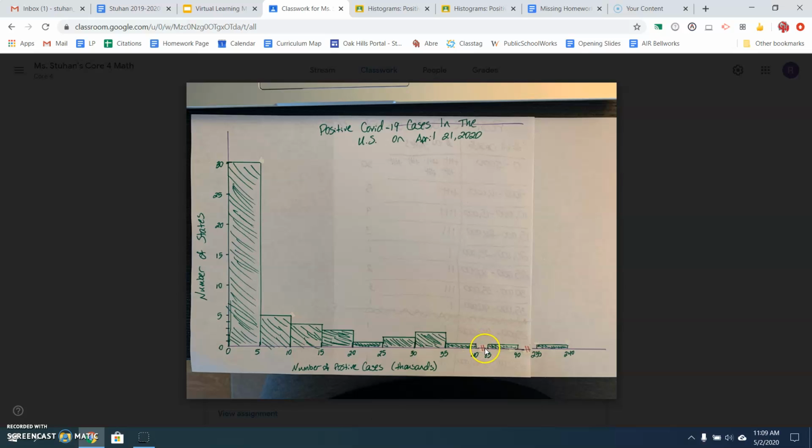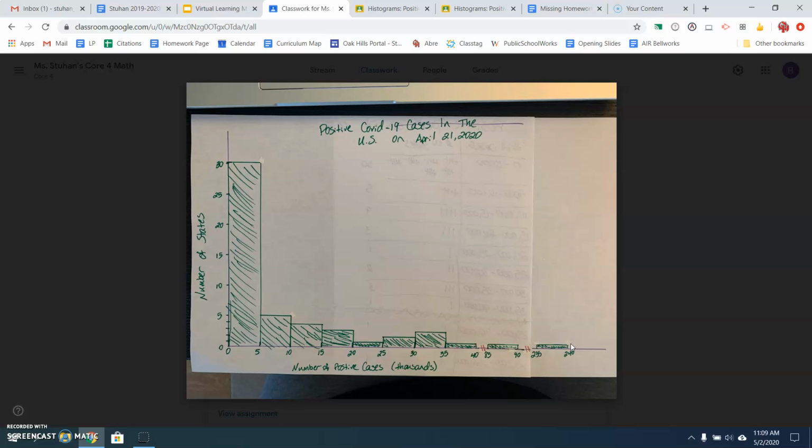So I put this little line here, and then we see the histogram bar for that: there was one state, and it was New Jersey, that had between 85 and 90,000 positive cases. And then we didn't have another state until New York, which had between, when I looked at the data, 235 and 240,000 cases. It's way higher than that now. So don't do what I have, you do what you've got on your thing. But you can put a break there so you're not putting a whole bunch of blank space in there.